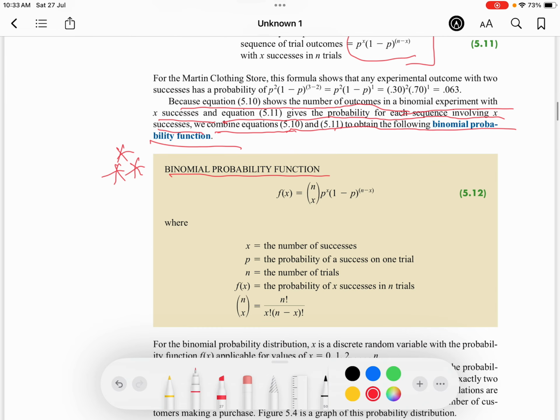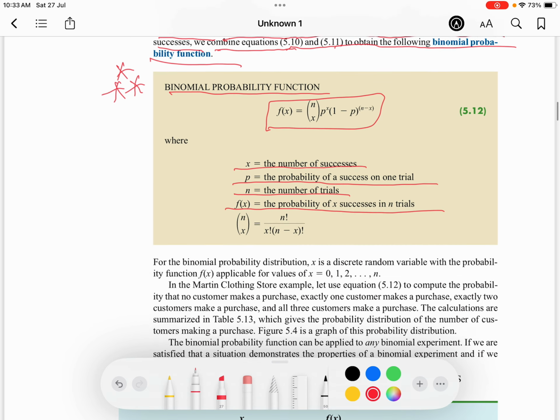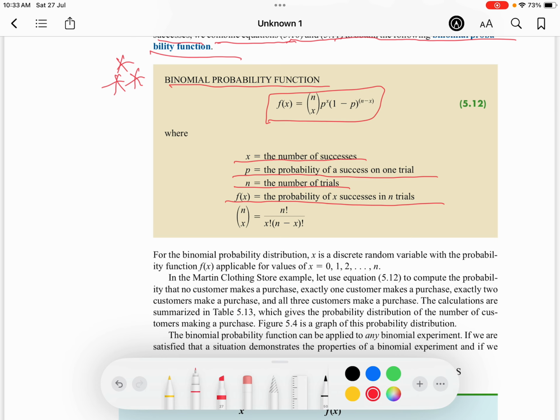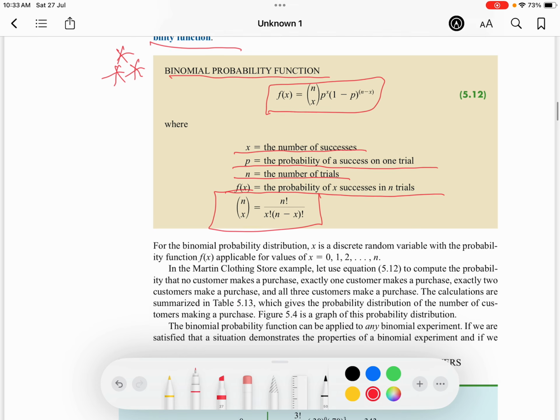This function is f of x equals n choose x, p to the power x, times 1 minus p to the power n minus x, where x is the number of successes, p is the probability of success on one trial, n is the number of trials, f of x is the probability of x successes in n trials, and n choose x can be opened like a combination.